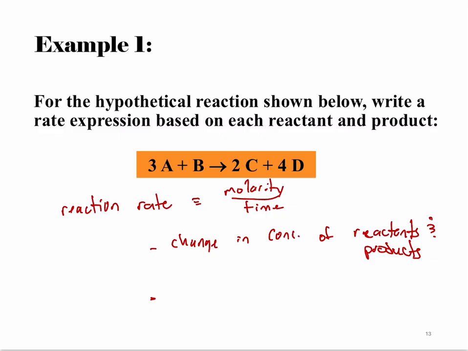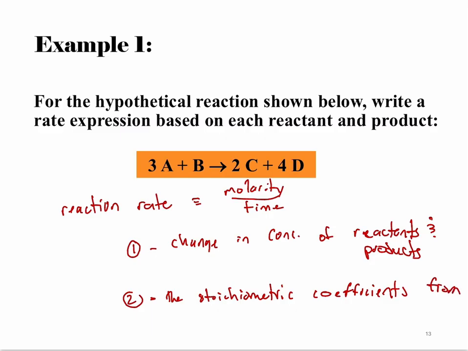So we need one, the change in concentration, and two, the stoichiometric coefficients from the chemical equation. That's the information we're getting from the chemical equation: the stoichiometric coefficients.